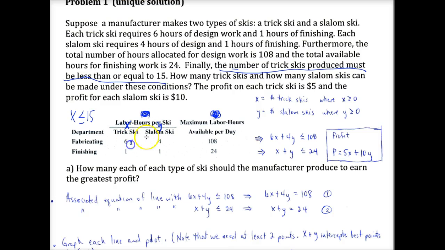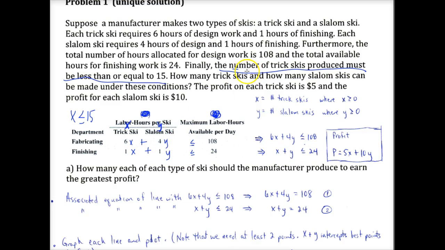And so here we'll have 6x plus 4y less than or equal to 108, because this is the total amount of hours for the trick ski, plus the total amount of hours for the slalom ski, and the total number of hours has to be 108 or less. Same thing for the finishing, x plus y less than or equal to 24.